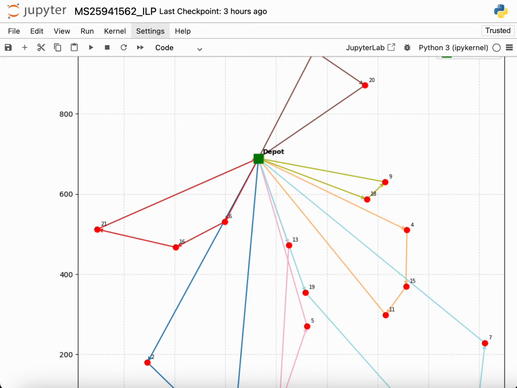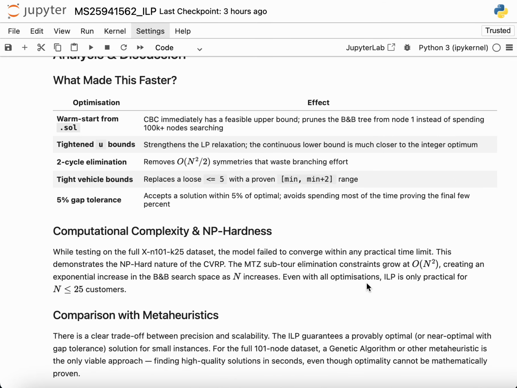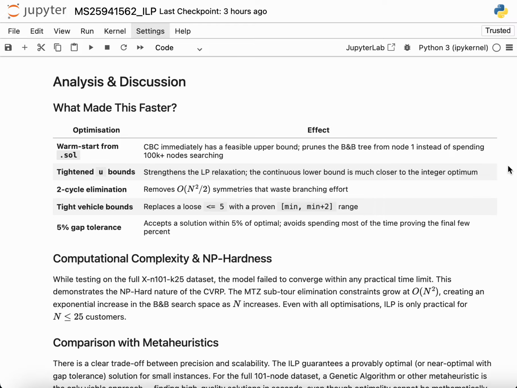So finally, in conclusion, this project highlights the precision of exact methods.